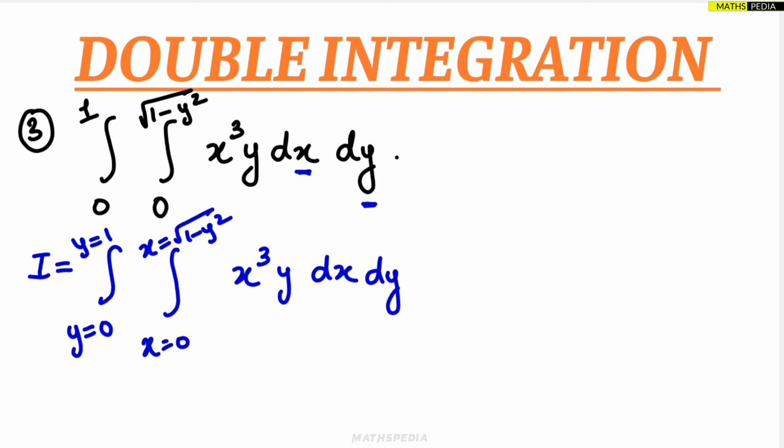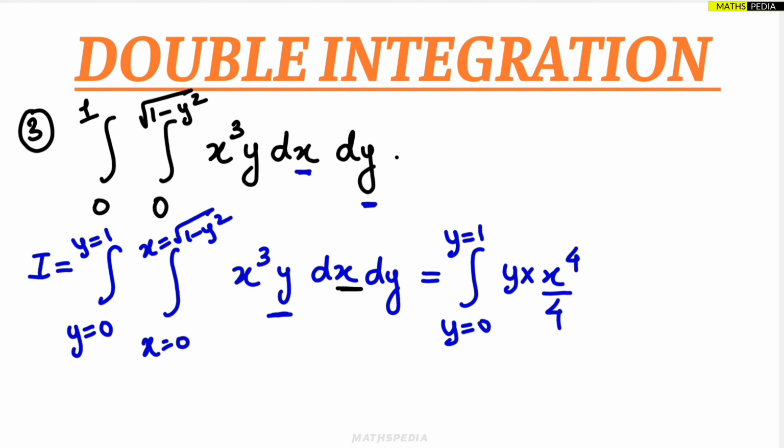Now we have to do the integration part. It is with respect to x that we have to integrate, since we are focusing on the inner part. Here y will be constant. The outer limit will remain the same, y is equal to 0 to y is equal to 1. The integration of x cube is x power 4 by 4.